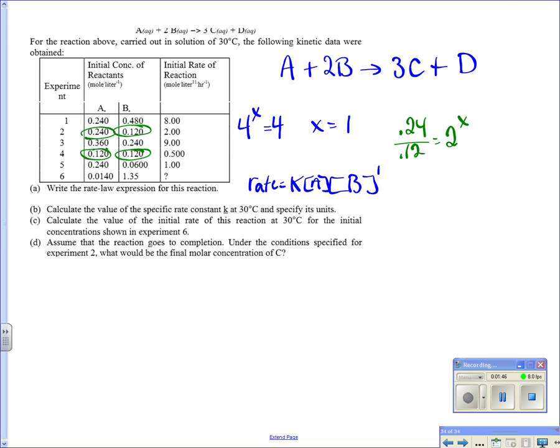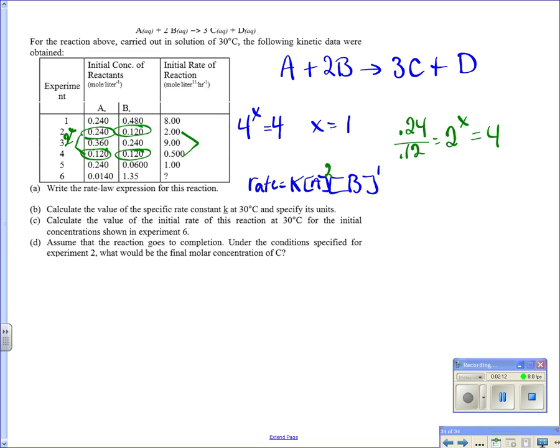Using the same process, this change is 2 to the x. Between 2 and 0.5, if I divide 2 by 0.5, that's simply 4. So easily again, and I love it when it's this easy, 2 to the x equals 4, so we know that the order for A is going to be 2.